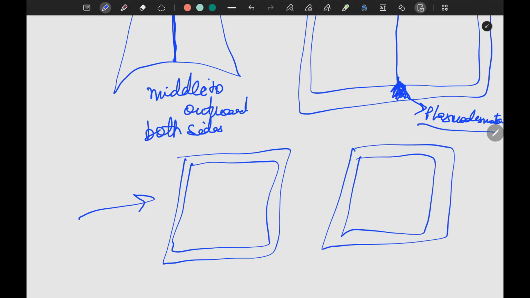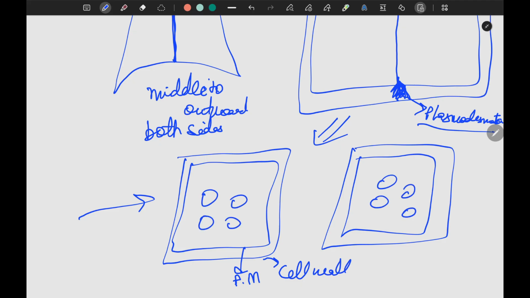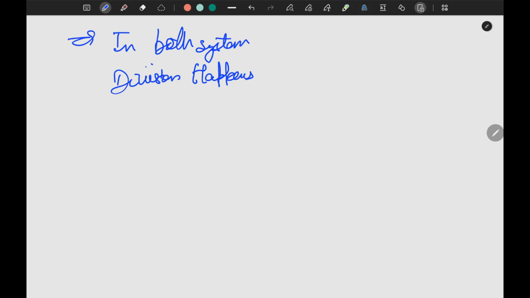It is the last connection between this cell, and after that it breaks into two, each of which has a new plasma membrane and cell wall with organelles inside it. Basically, in both the systems, division only happens at the midzone, we can say the equator of the mitotic spindle.